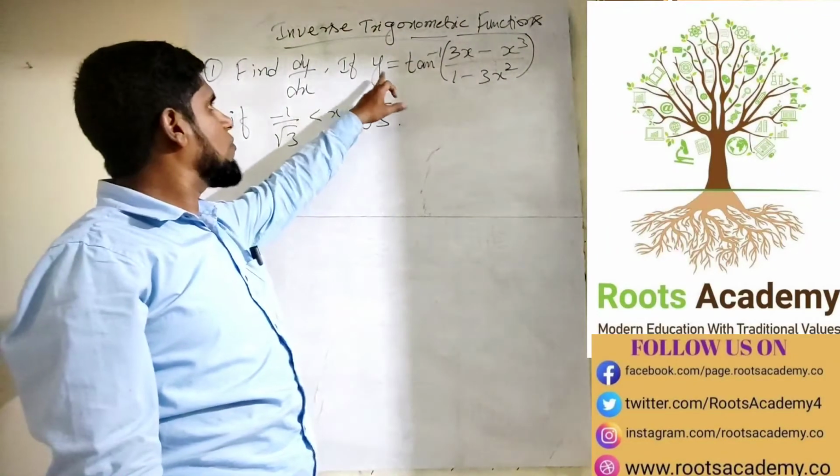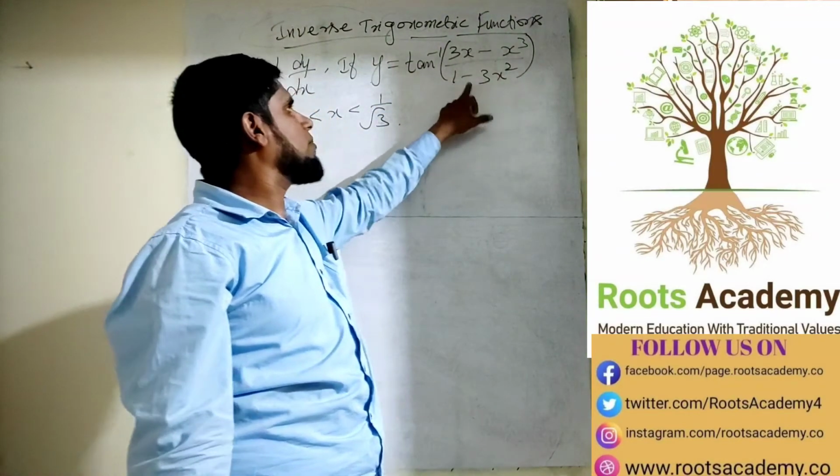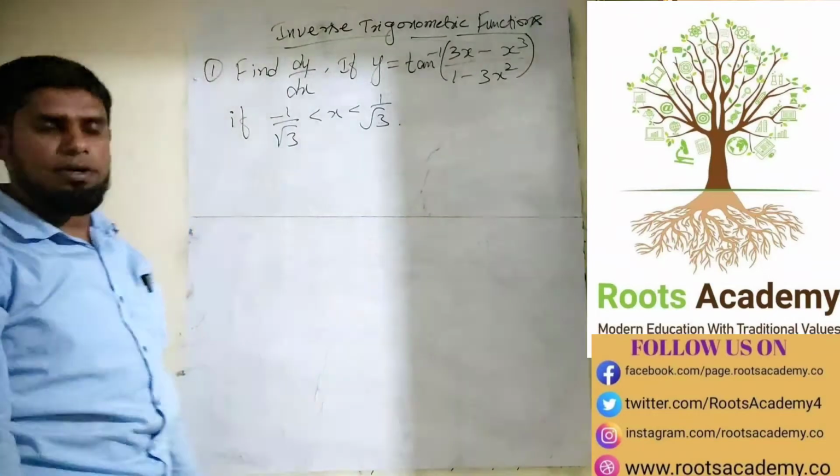So here the function is y is equal to tan inverse of 3x minus x cube divided by 1 minus 3x square.